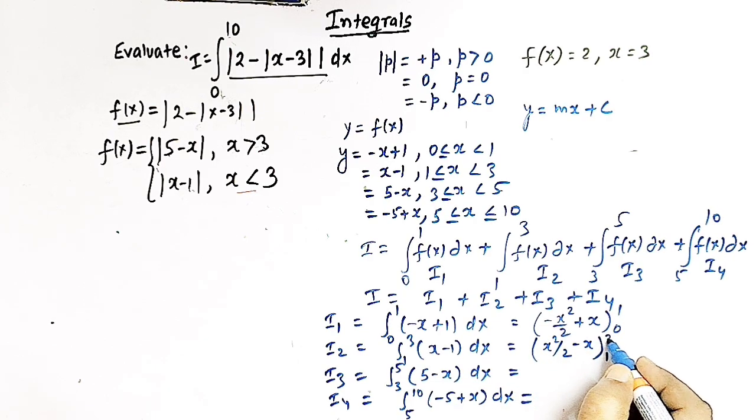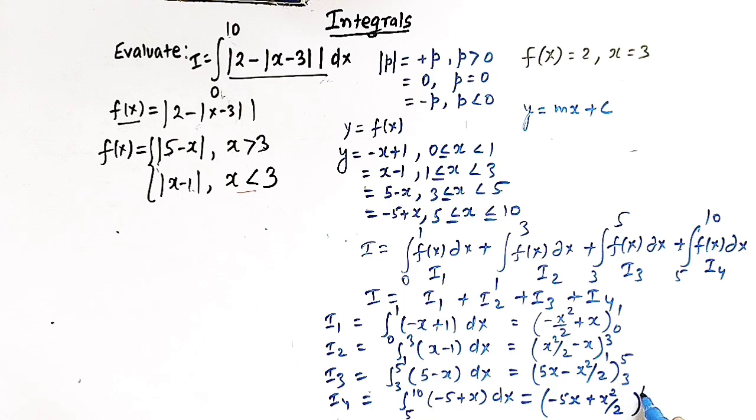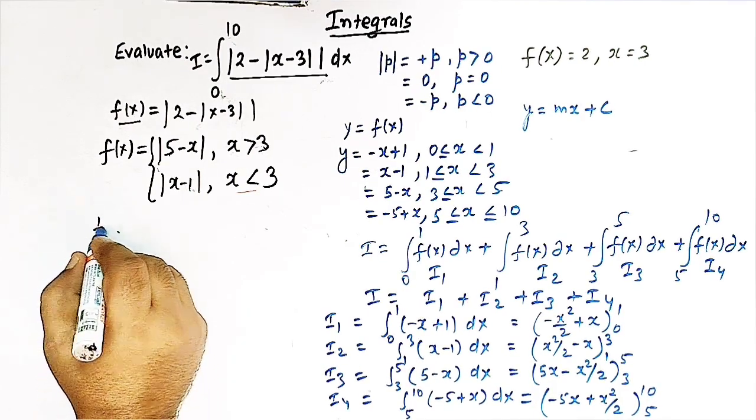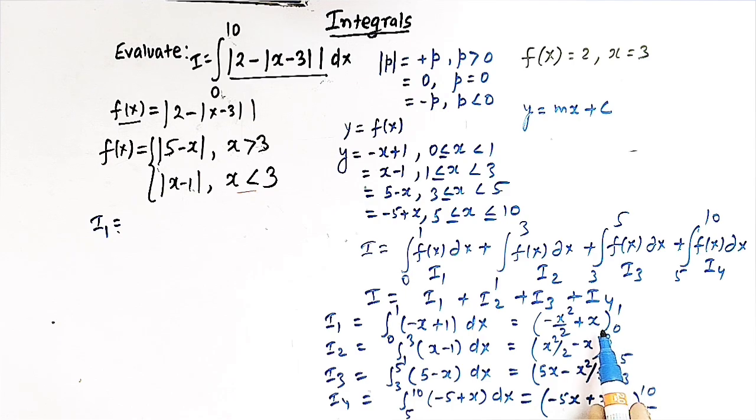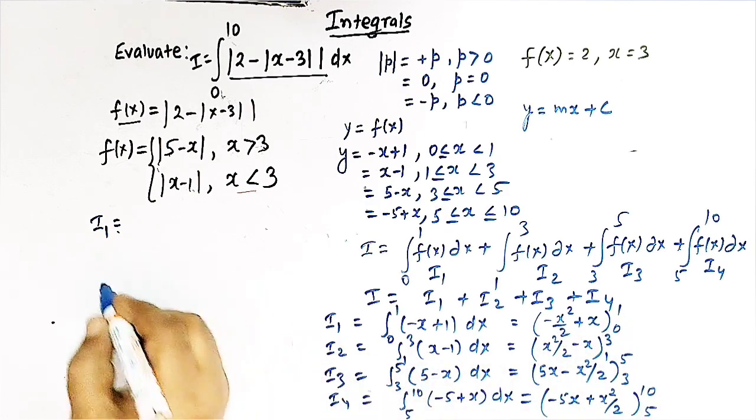Limits are from 1 to 3, and here we have 5x minus x square over 2, and limits are from 3 to 5. And here we have minus 5x plus x square over 2, and limits are from 5 to 10. So now I1 is given by substituting the limits and taking the difference.